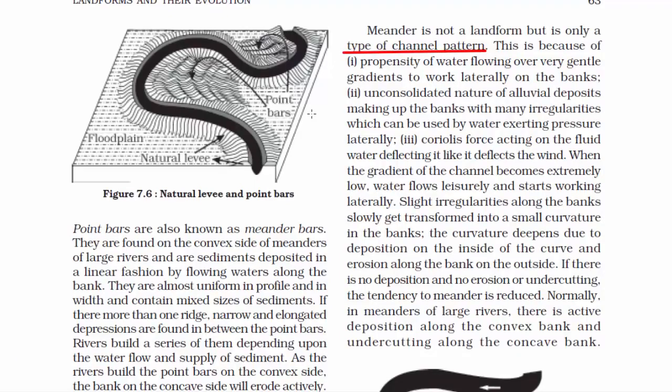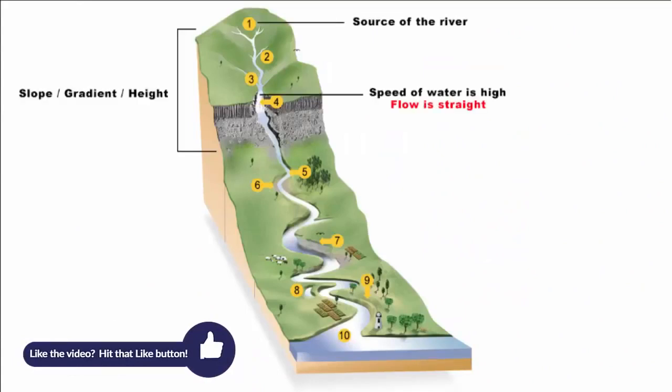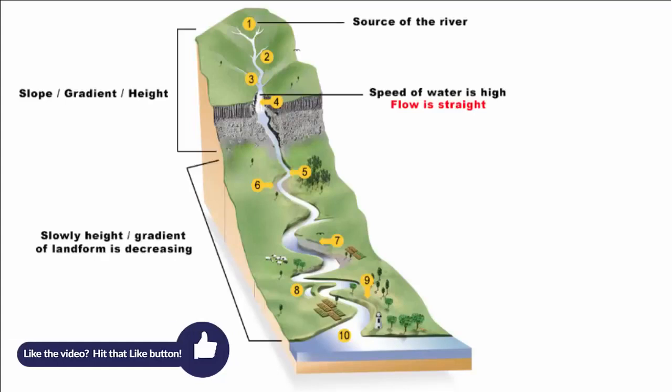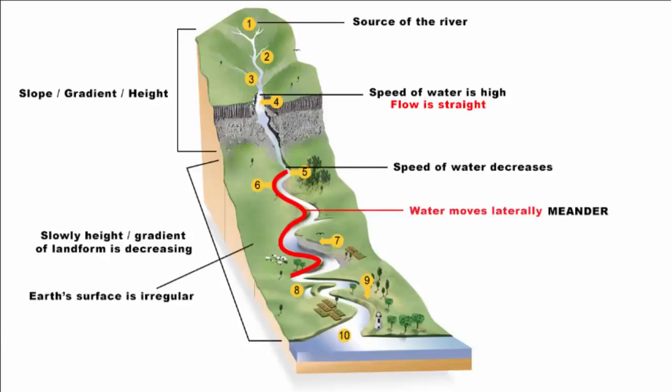Think about this. When a river flows from a great height, because of the height, the speed of water is high and flow is usually straight. The moment the height decreases, the speed of the water becomes extremely slow. Water then flows leisurely and starts working laterally, sideways. Since the surface of the earth is irregular, the riverbank slowly transforms into a small curvature.